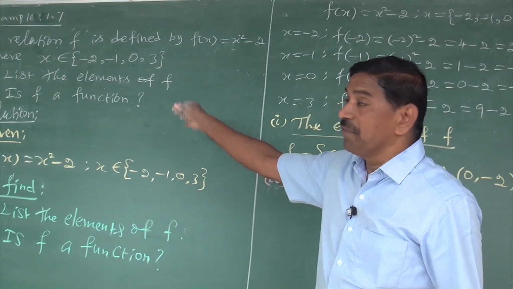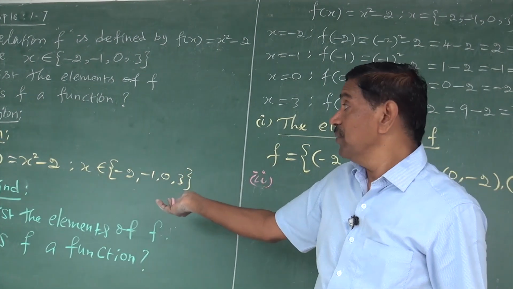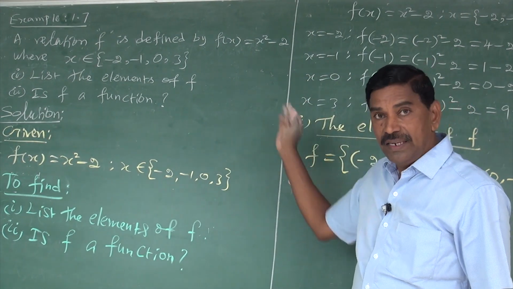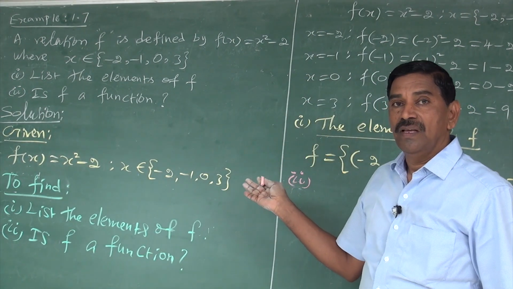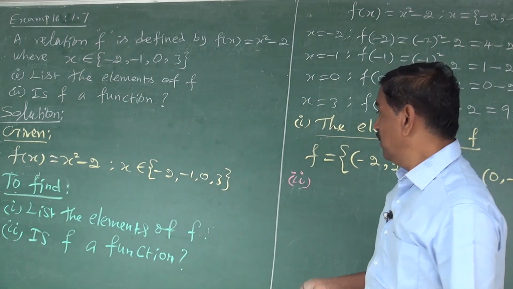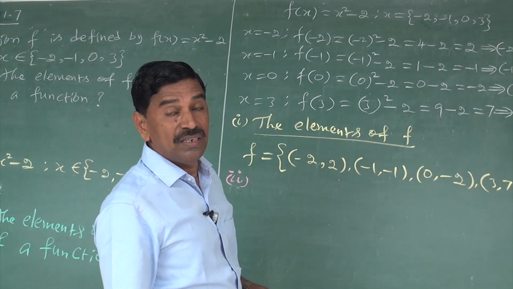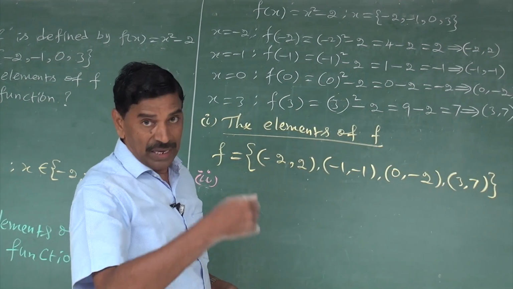To prove f is a function, it is enough to verify each element in the domain of f has a unique image. So for the second part, to answer whether f is a function or not, for our convenience, let us draw the arrow diagram.